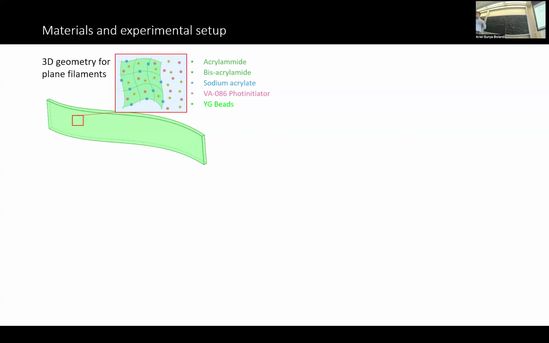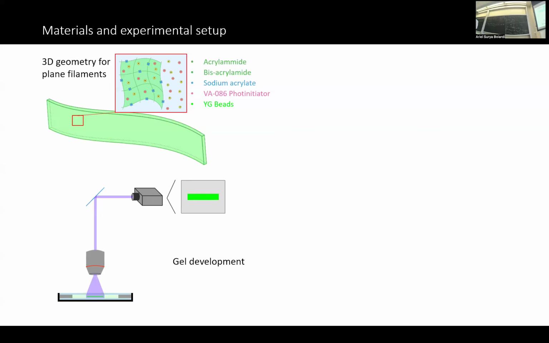And in order to be able to create different geometries for these objects, we employ a photolithographic technique, which means that we have a UV projector, which is a projector like that, which projects UV light. So we can draw the mask of the shape that we want to obtain.